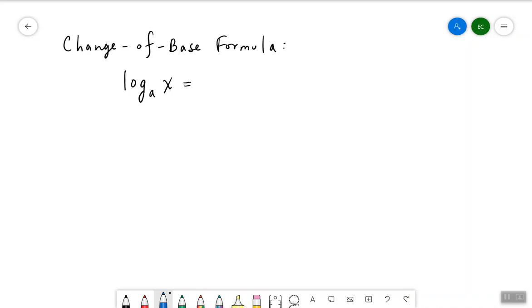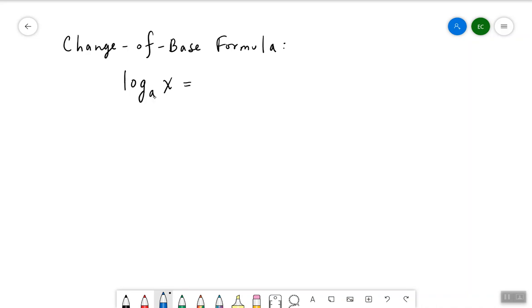It says that we can take an expression like log base a of x, where a is any base, right? Remember, a has to be positive and a is not equal to 1. But the nice thing here is that we can change that to the base of our choosing, and here's how we do it.